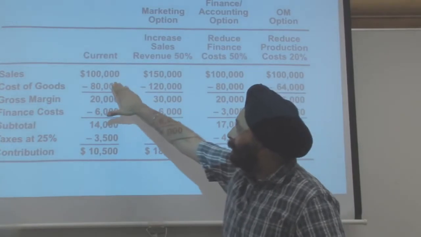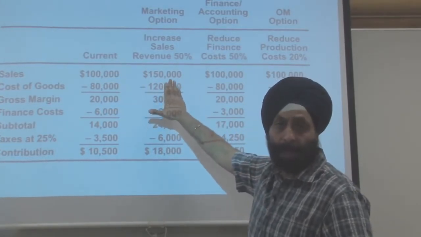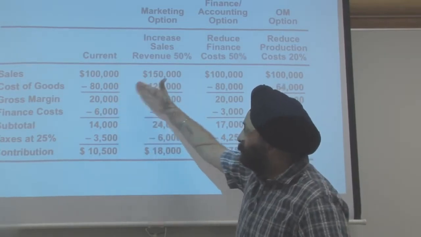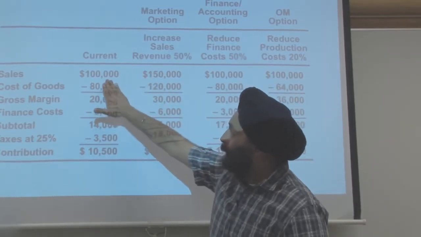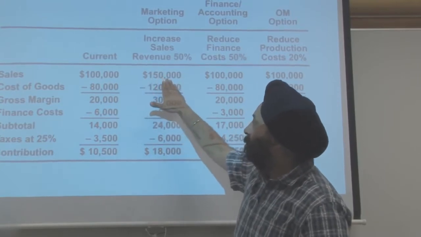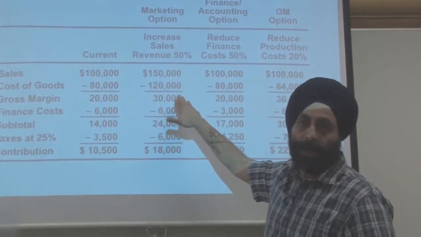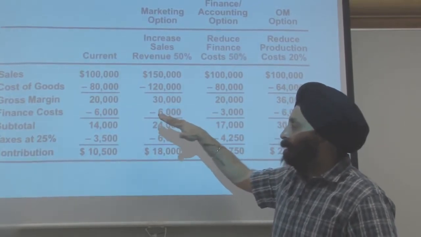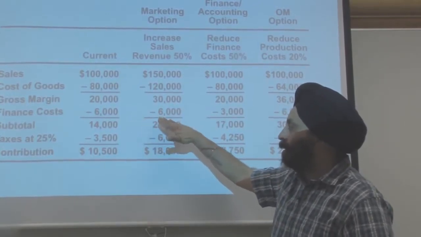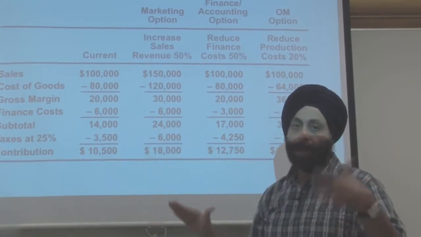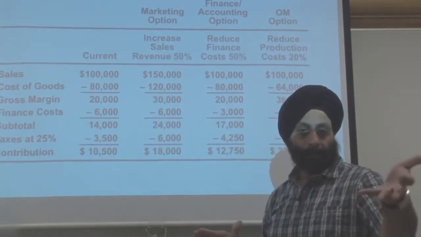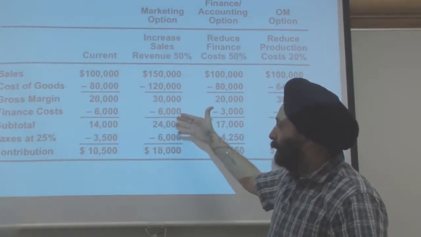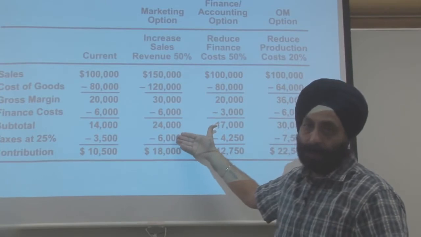So instead of 100,000, now we have 150,000 in sales. The proportional cost of goods sold, which seems to be 80% over here, will be $120,000 for 150,000. That leaves us with a gross margin of 30,000, and from that, we subtract the finance cost, which is the same because we did not take any more loan in this case, the same $6,000, which leaves you a total of $24,000.